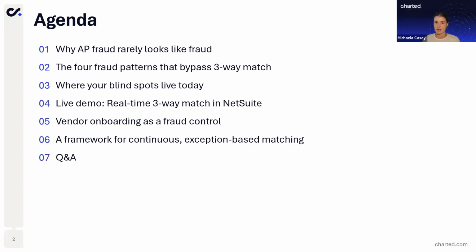After that, I will pass it back to Mike, and he's going to take you inside of NetSuite for a live look at the three-way match functionality, which will help you catch those fraudulent schemes before payment is processed. And then we'll close with 2 things that most fraud conversations typically skip. So the vendor onboarding piece is your first control, and then we'll take a look at a framework for going continuously without adding headcount or another system, and then we'll wrap it up with Q&A.